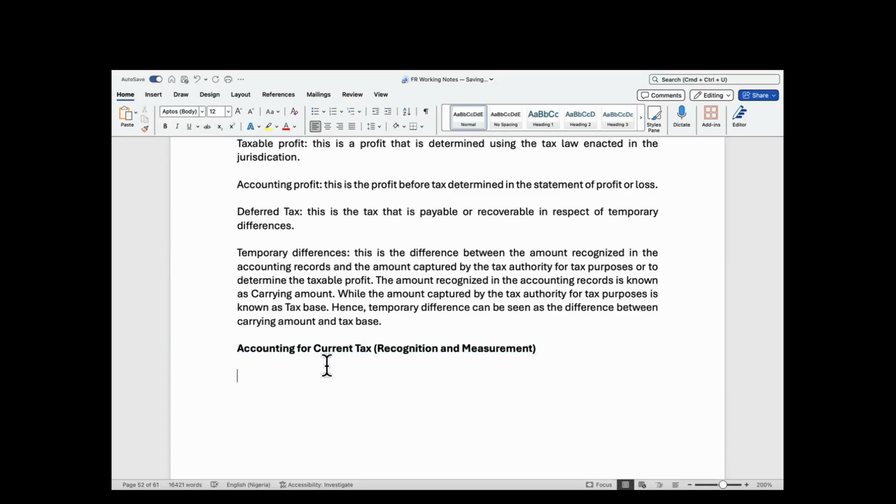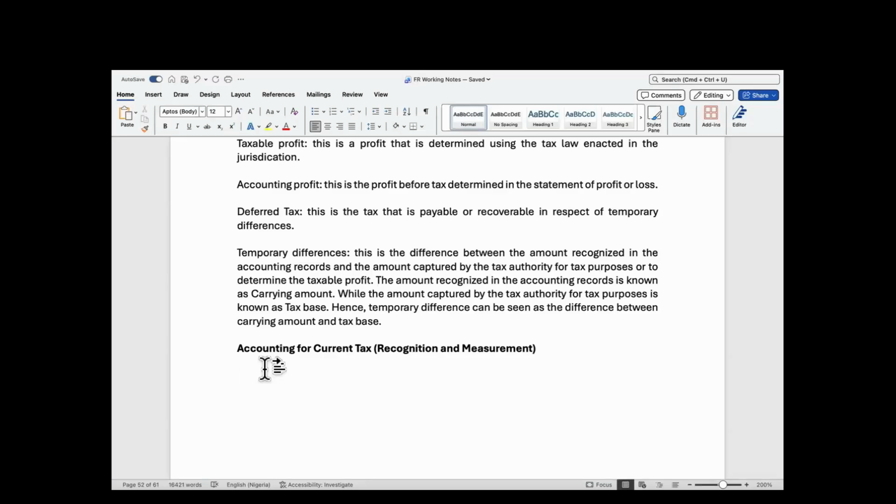You see, we have already established from my earlier explanation that current tax is the tax that you pay or recover on your taxable profits. Hence, to determine current tax for us here will be given because either a taxman or your tax consultant or the tax department will get it for us.